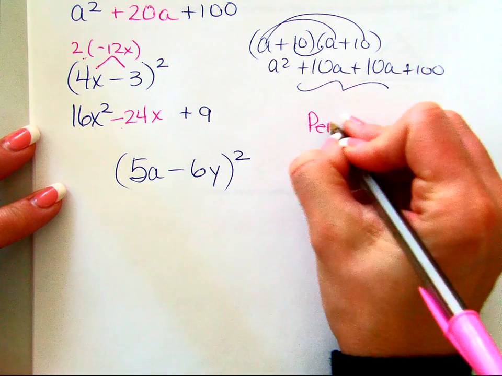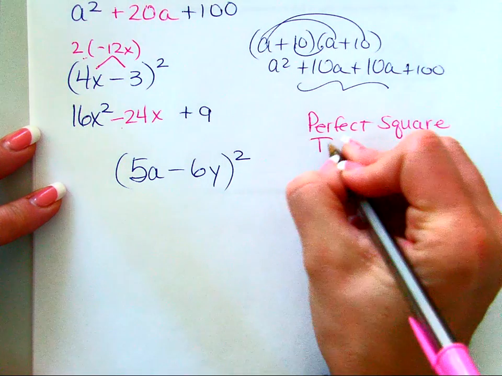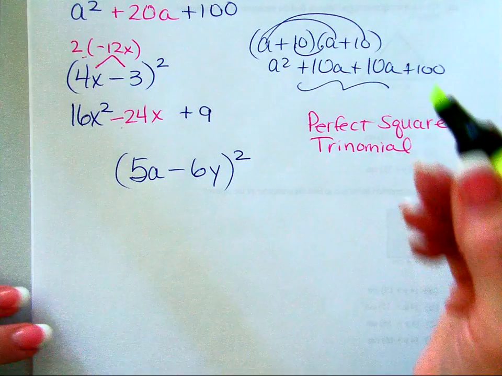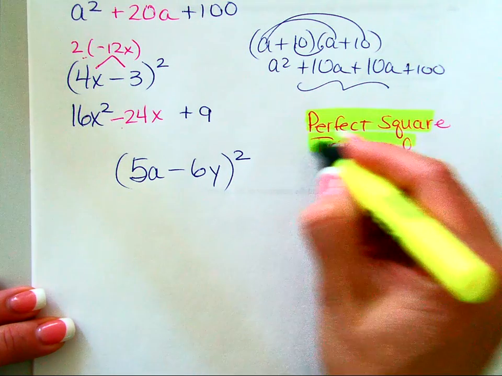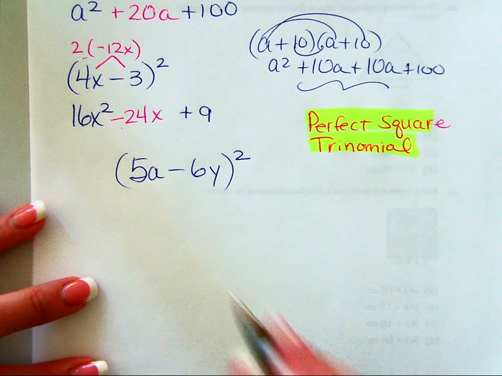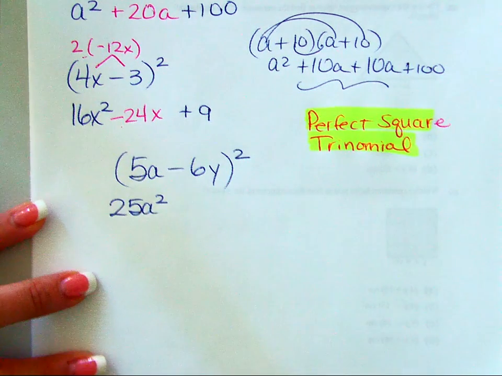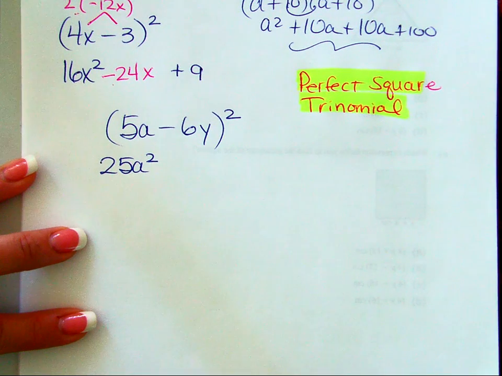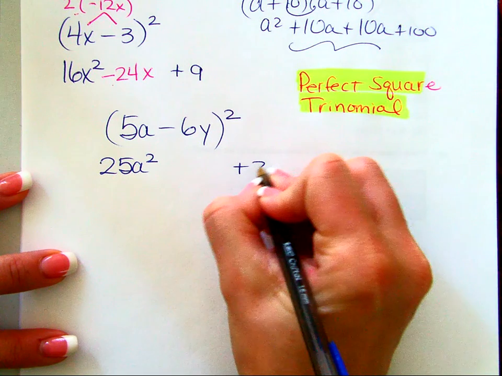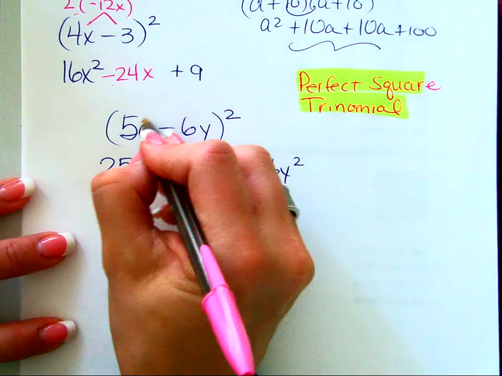The name of this one is called a perfect square trinomial. Okay, so we're going to talk about what qualifies it as a perfect square trinomial. So 5a times 5a is 25a squared. 6y times 6y, or negative 6y times negative 6y, is positive 36y squared.